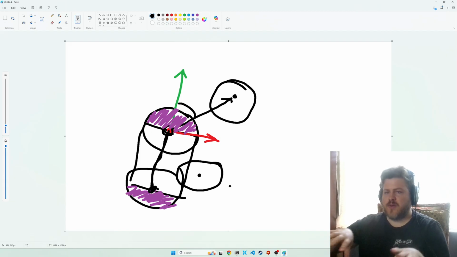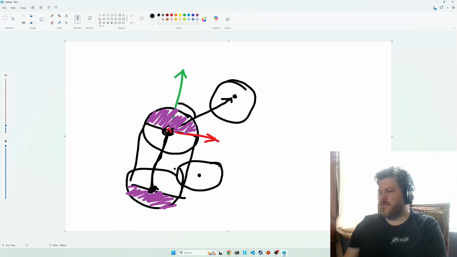So it's the direction of the smallest distance you have to push them away from each other, right? And so if this guy is colliding with the side, I know the hit normal is this direction because you're colliding with the side of a box, right?